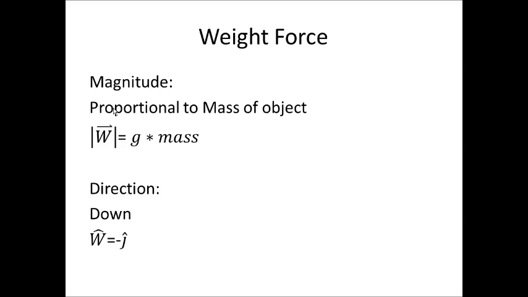Before I go to my computer models, I want to talk about the two forces or interactions from the surroundings we use in this lab. First, I want to talk about weight force, or gravity. To find the magnitude of the weight force, you have to know that it's proportional to the mass of the object.